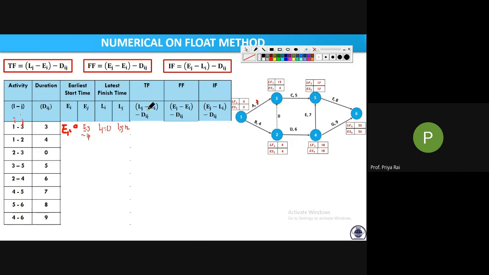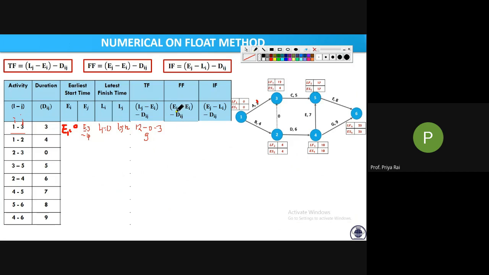Okay, so simply use the formulas. How much will TF be for the first activity? LJ is 12, minus EI which is 0, minus DIJ which is 3. So 9.